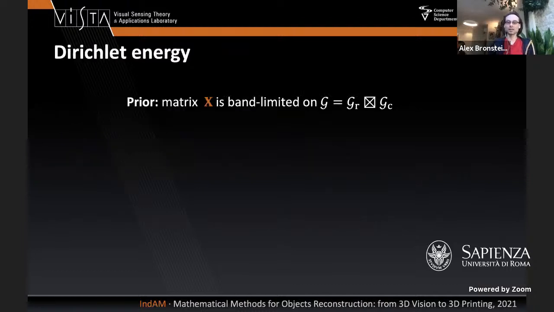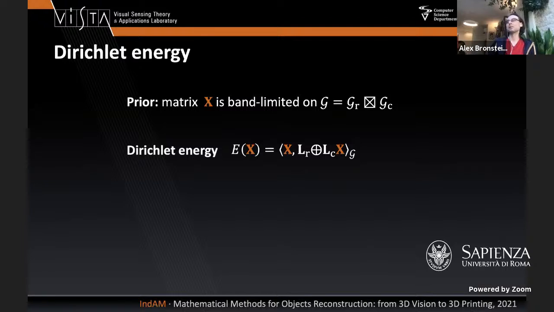Okay. Now going back to the prior that I want to express on this product graph. So saying that X is band limited on G, I don't really mean band limited that the frequencies are sharply zero above some cutoff frequency. I would just like to penalize high frequencies. So this can be done by penalizing the Dirichlet energy, by demanding that the Dirichlet energy of X on this product graph is low. And it means that X changes slowly with respect to the metric of the graph.